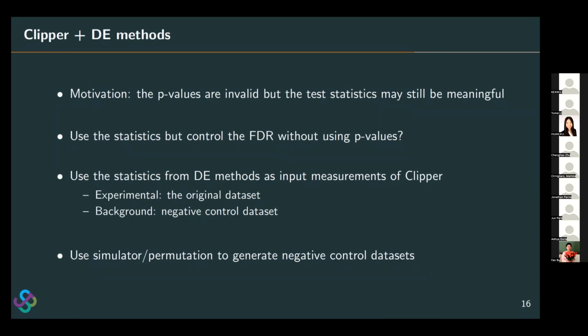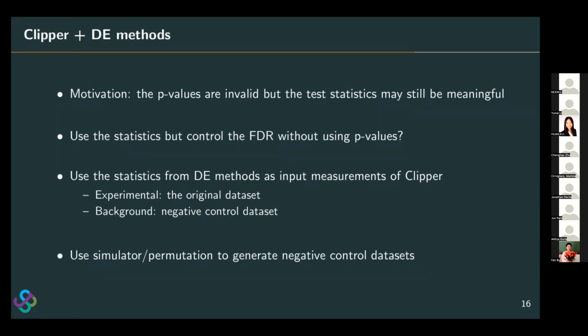Repeat all the DE analysis and get the statistics, and use those statistics for each gene from the negative control dataset as our background condition, so that we will have the experimental measurements and background measurements for the two conditions. Here, the negative control datasets can be generated using a simulator or using permutations.